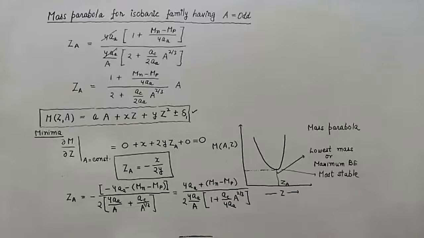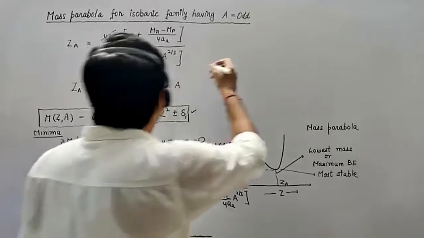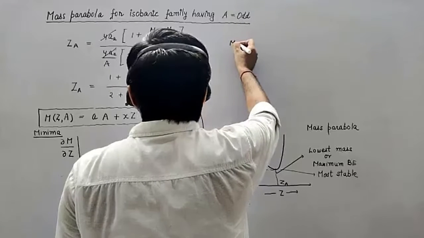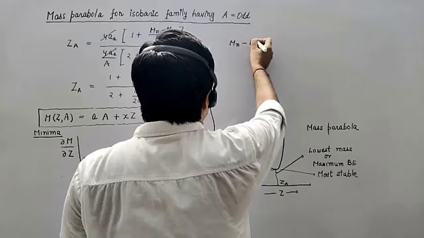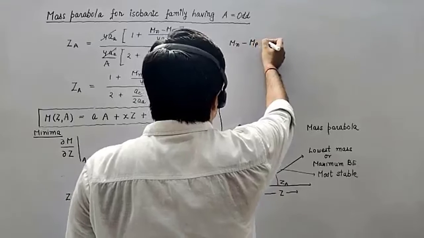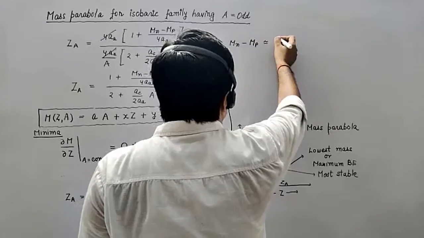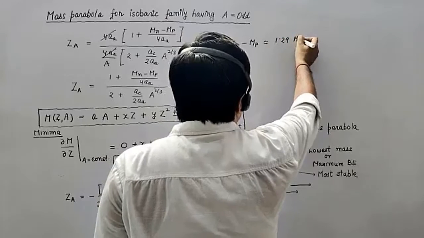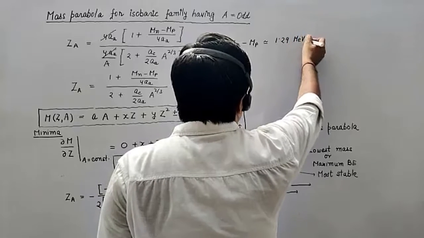So I am writing here the approximate value of Mn minus Mp is nearly equal to 1.29 MeV upon C square.